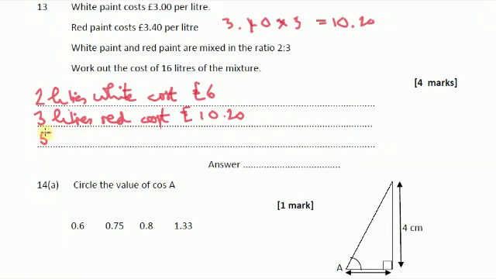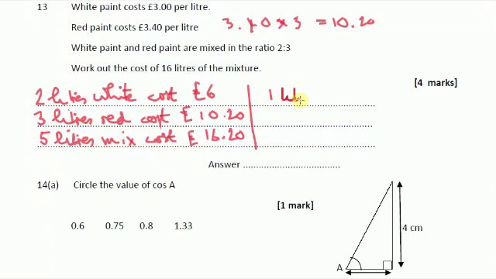So these are mixed together, so we add the 2 lots together and get 5 litres of mixture. Cost how much? Add the 2 together there, you get £16.20. That's the price of 5 litres of mixture.